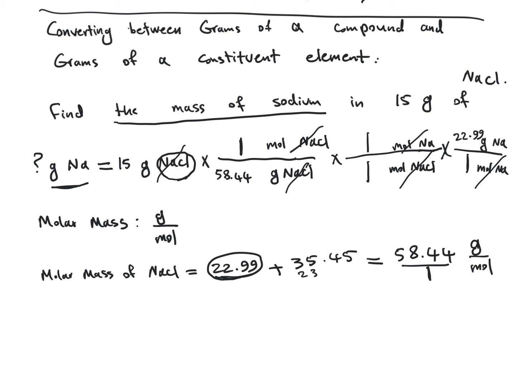I'm just going to write the final answer from the book. It would be 15 multiplied by 22.99 divided by 58.44, which would be 5.9 gram of sodium.